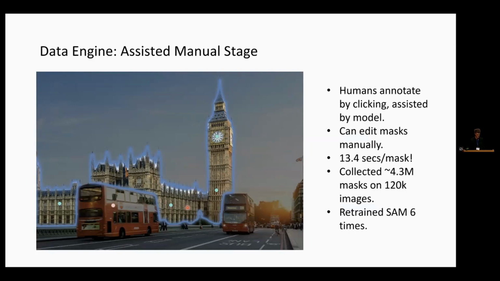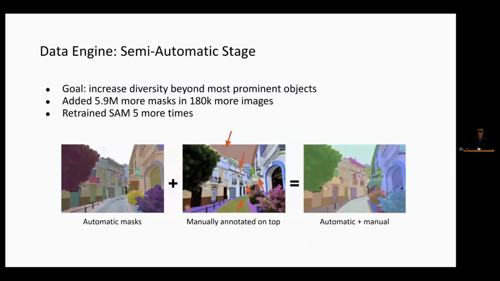But a problem arises: if you tell annotators to just annotate every object in an image, they pick all the easy stuff every time. To really have a model that could generalize well and annotate anything, we wanted to increase the mask diversity. So in the second stage, we had a lot of data. We trained a model to predict objects that were like our data, so it got good at understanding what annotators produce.